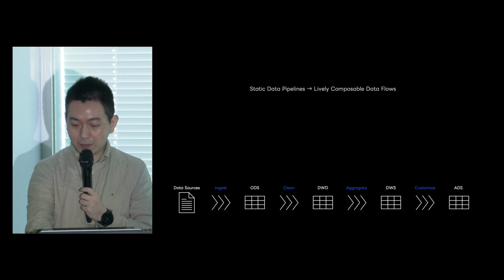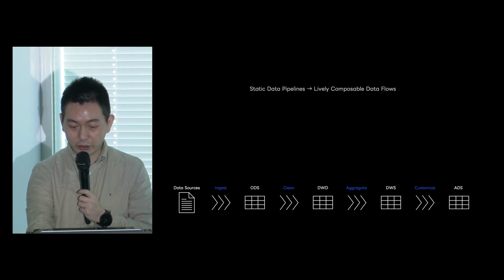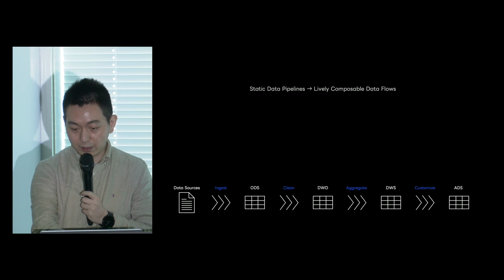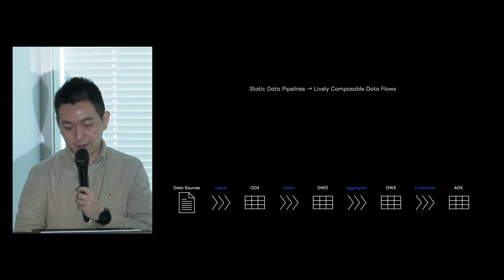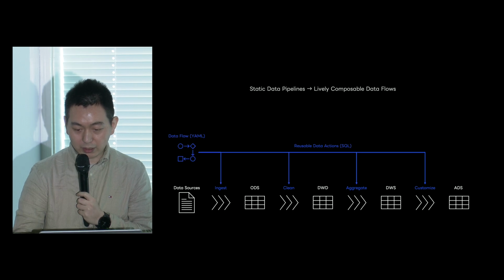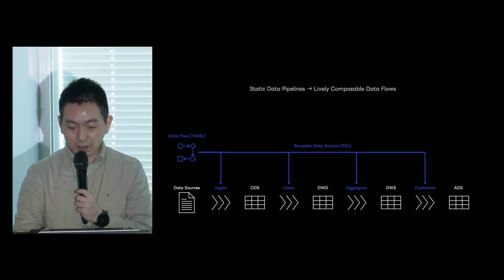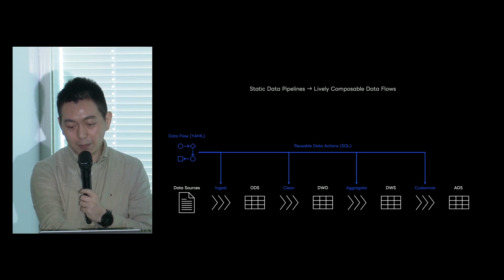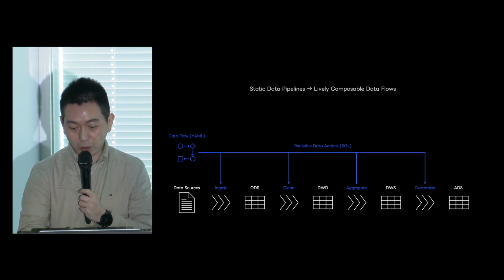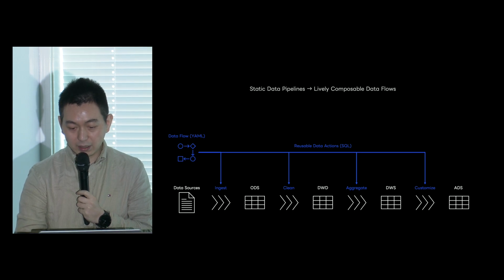We can implement all these pipelines in Streamhouse architecture. For creating and orchestrating pipelines, is it possible to fully automate this process? Let's treat each pipeline here as a reusable data action defined by SQL. Then we create a data flow in a YAML file to include required data actions.